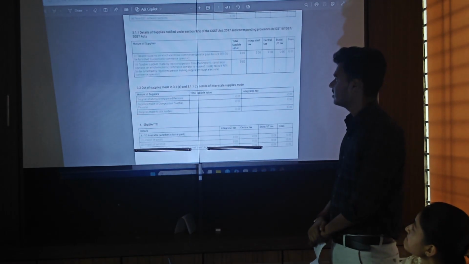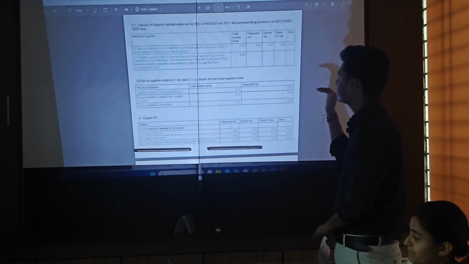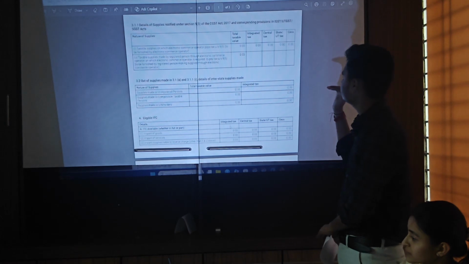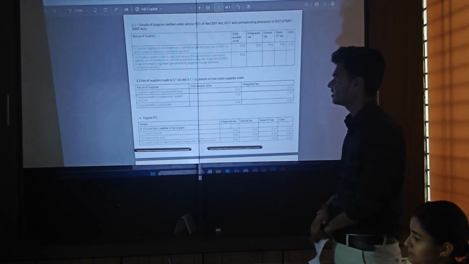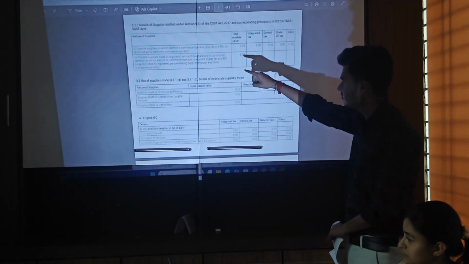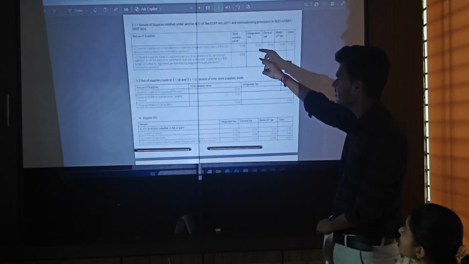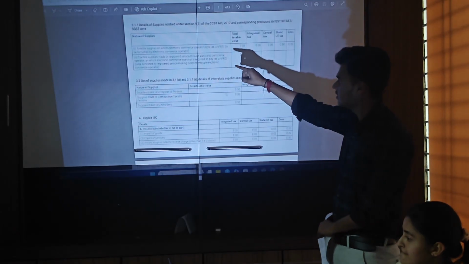3.1.1, details of supplies notified under Section 9(5) of the CGST Act 2017 and corresponding provisions in the IGST, UTGST and SGST Acts. In 1, taxable supplies on which the electronic commerce operator has to pay tax under Section 9(5) have to be furnished by the e-commerce operator.